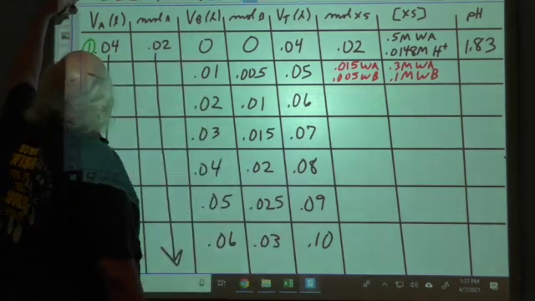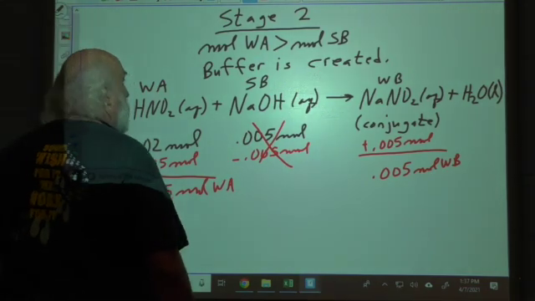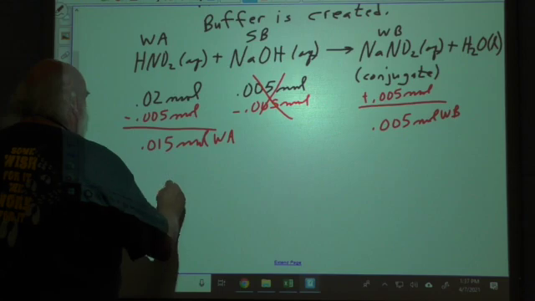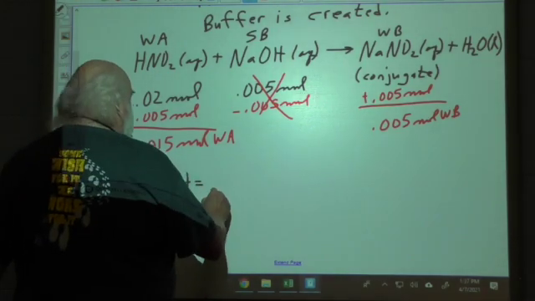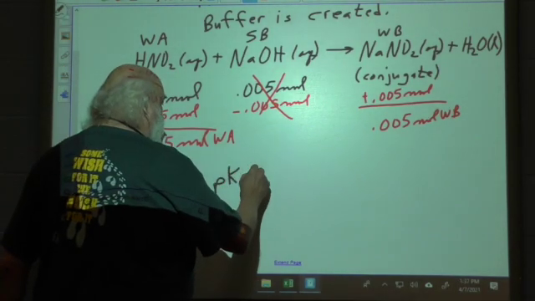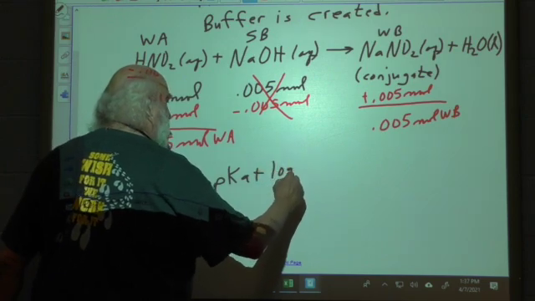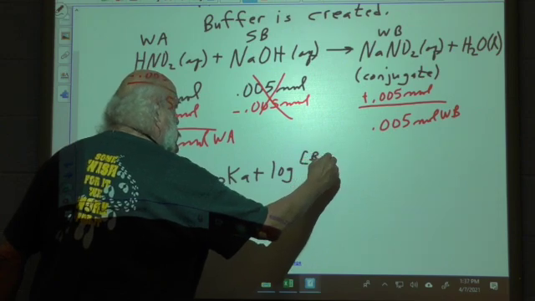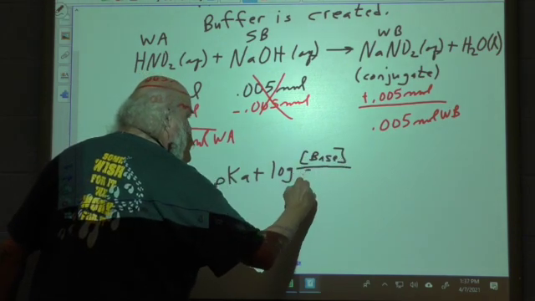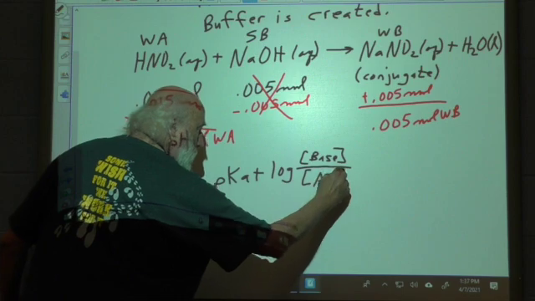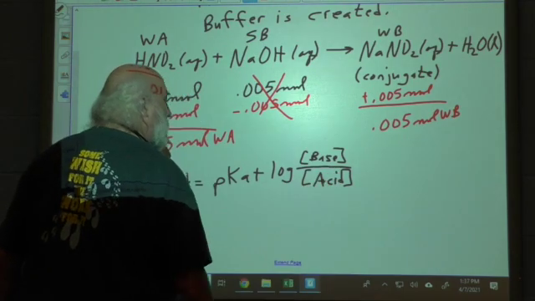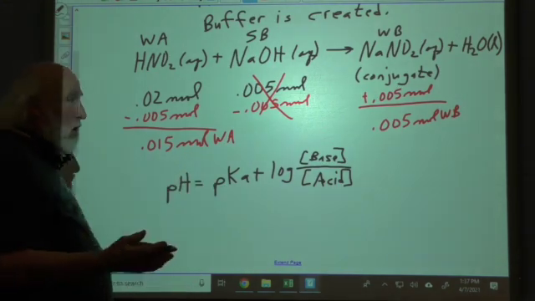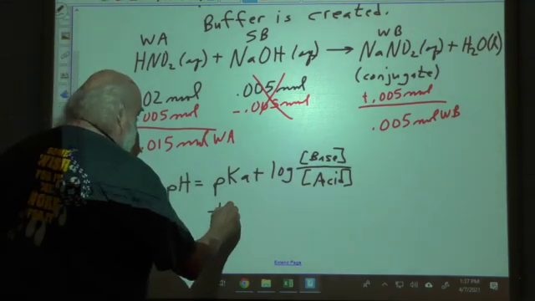Henderson-Hasselbalch, which states that pH is equal to pKa plus the log of the concentration of your base over the concentration of your acid. And pK, remember, means negative log of whatever. So this is the negative log of the Ka.